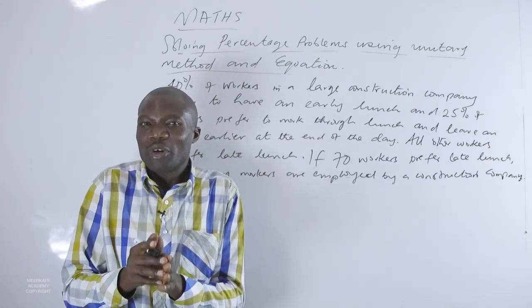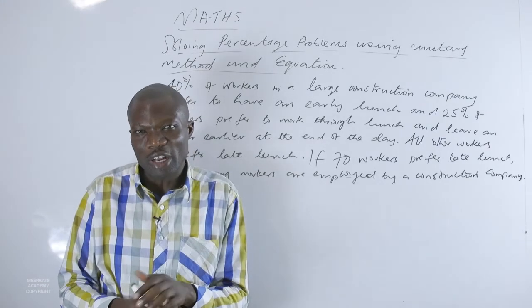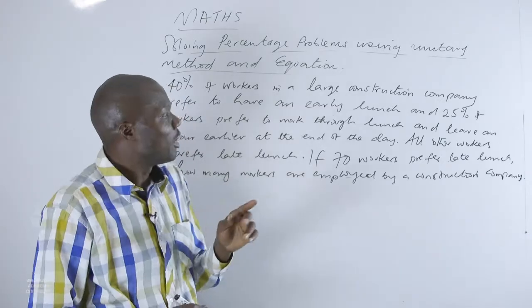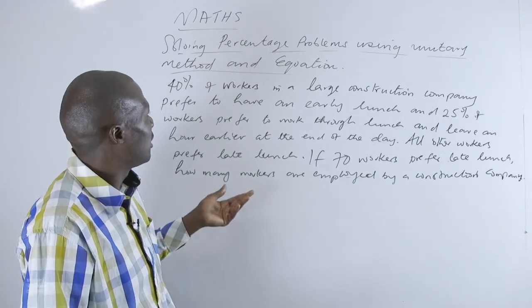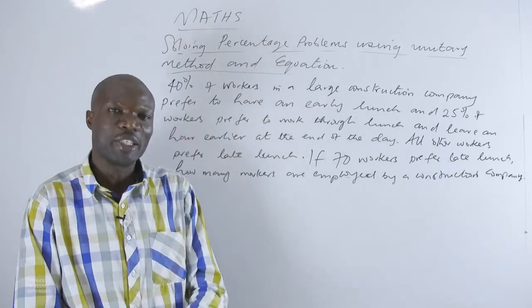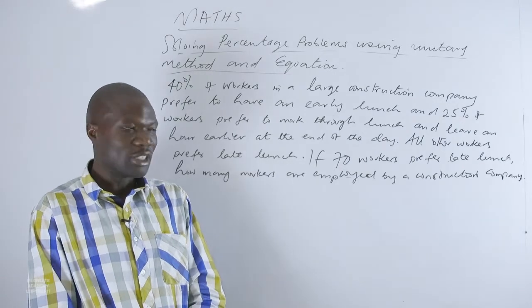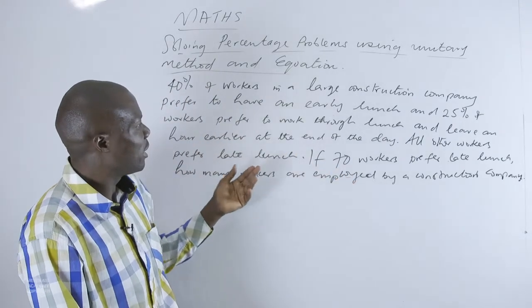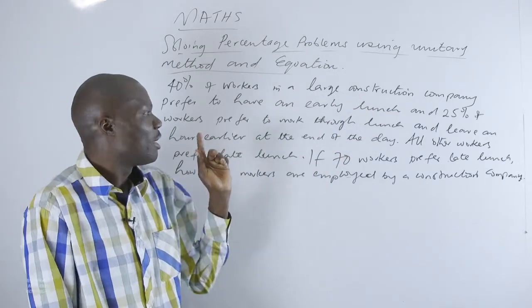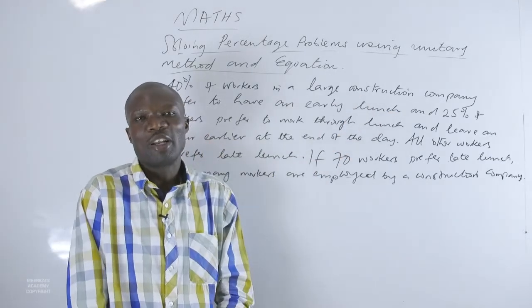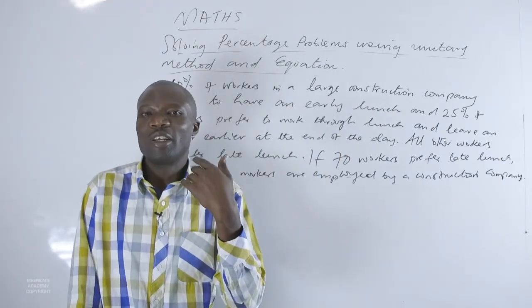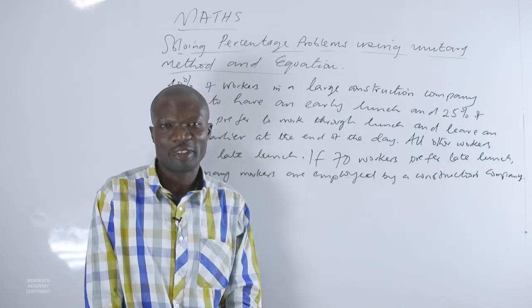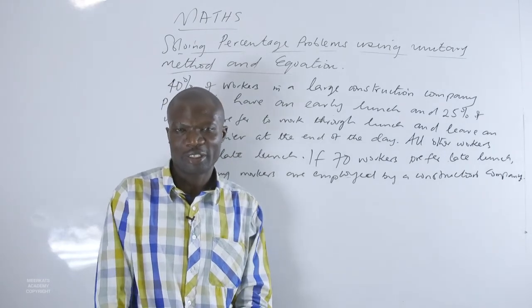Do all employees go for lunch? No. How many go for early lunch? Only 40%. And what other percentage? 25% prefer working through lunch and then leave 1 hour earlier than the rest.